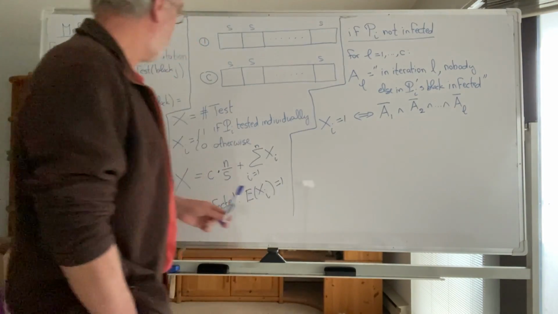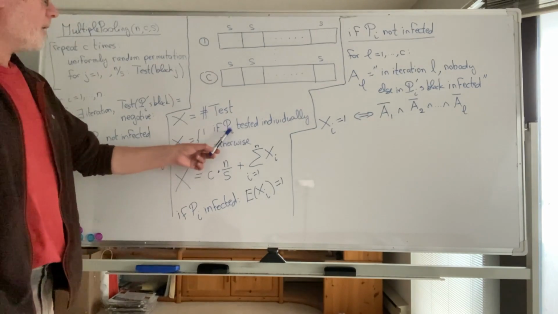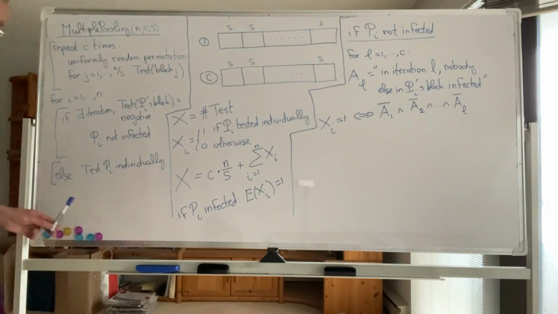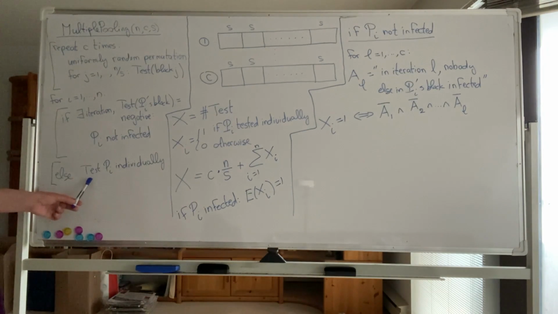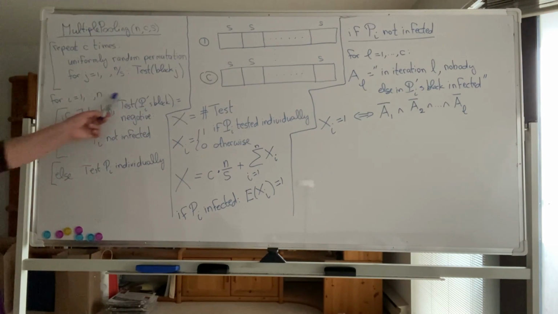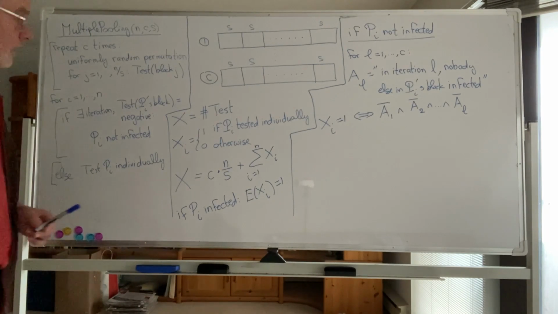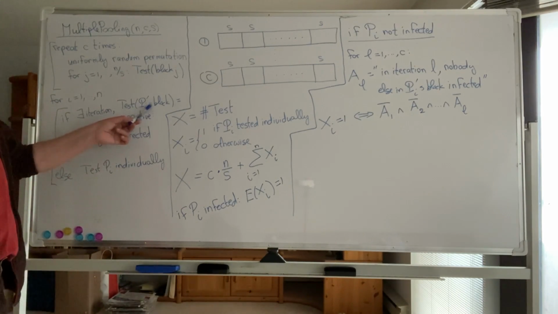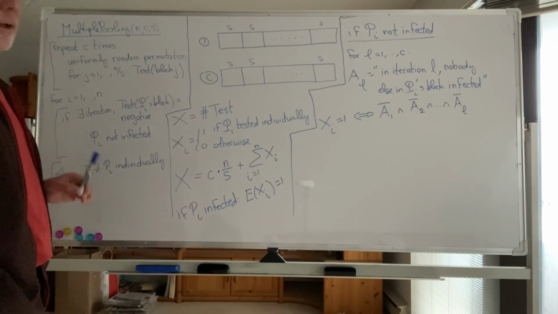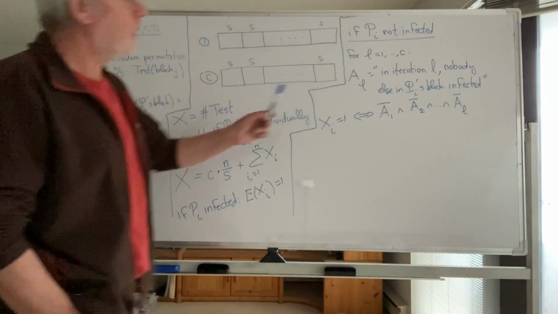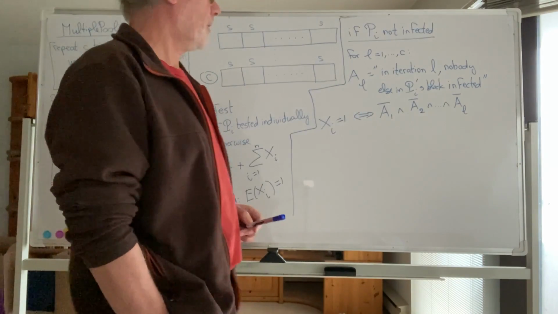Xi equals 1 means Pi is tested individually. When is Pi tested individually? When we are in the else case. And why are we in the else case? Because this here is not true. And if you negate this, that means for every iteration, this function test on Pi's block returns positive, which means that if you look at Pi's block, there is at least one infected person. And that again is the negation of this here.